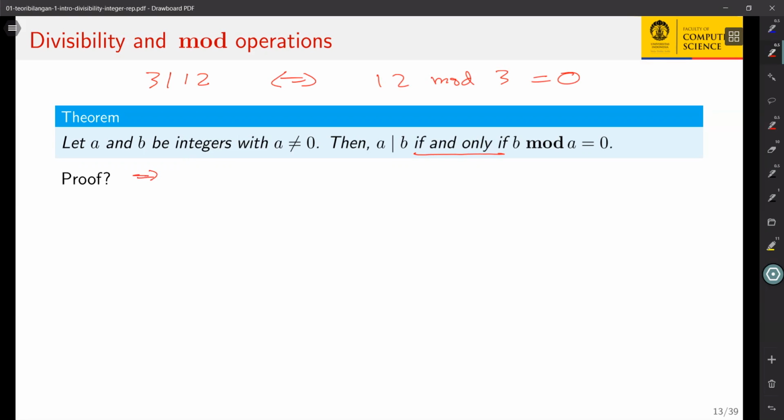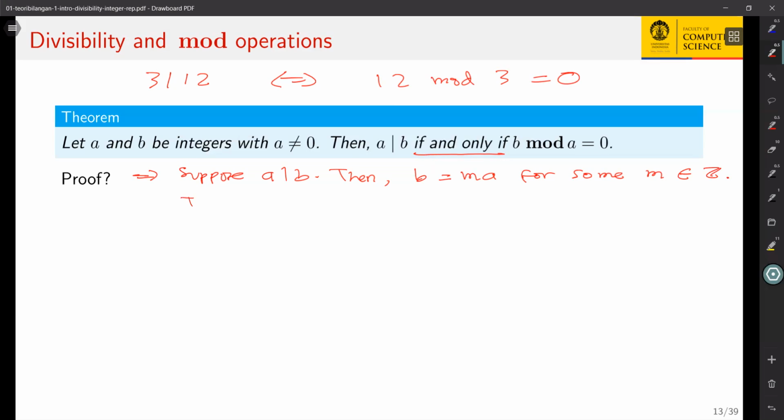So suppose A divides B. So what do we get here? That means, by definition of divisibility, we have B is equal to M times A for some integer M, right?